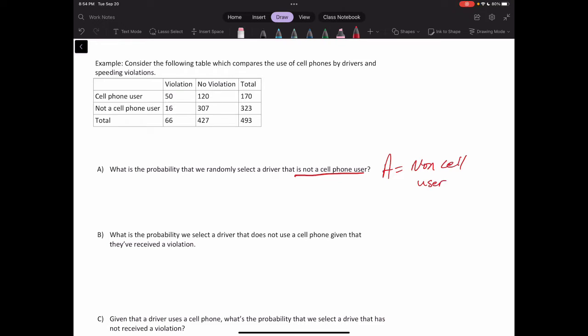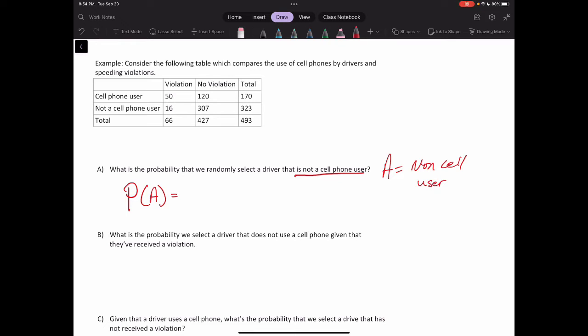Then what I like to do is convert this statement to what I like to call probability notation. Big P represents probability. We're trying to find the probability that we select a member of A, a person that's a non-cell user.